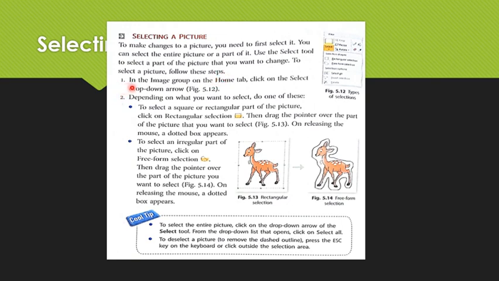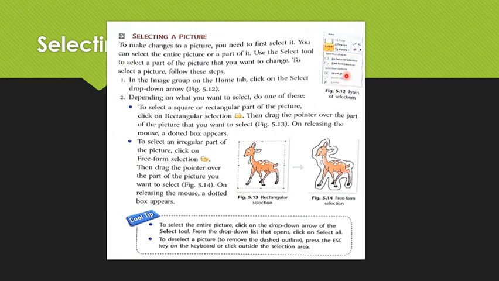First one, in the image group on the Home tab, click on the Select drop-down arrow. Just see this figure 5.0. When you click on the drop-down arrow, some options open in the drop-down list.